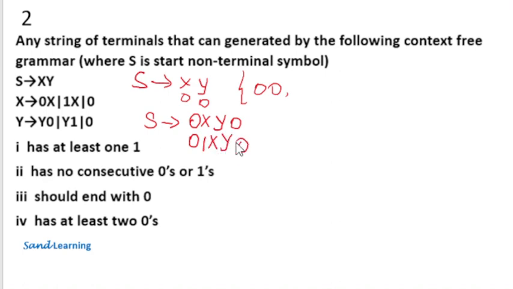And for this x, I am going to replace 0, and for this y, I am going to replace y as 0, 0. So I will be able to get 0, 1, 0, 0, 0. That is the next possibility.